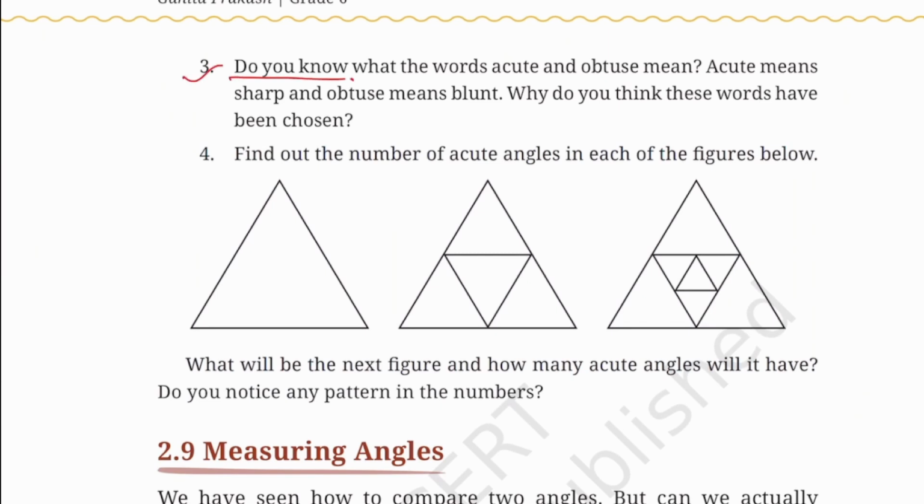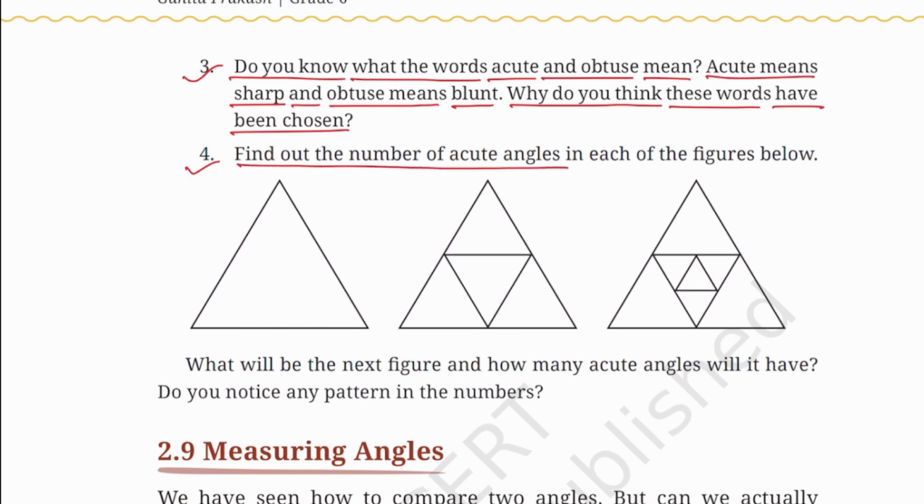Do you know what the words acute and obtuse mean? Acute means sharp and obtuse means blunt. Why do you think these words have been chosen? 4. Find out the number of acute angles in each of the figures below.